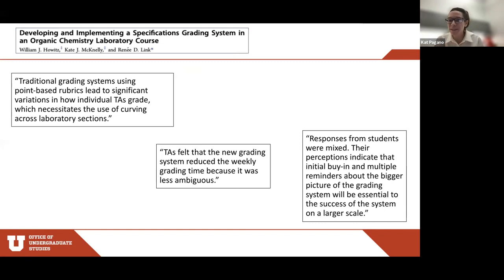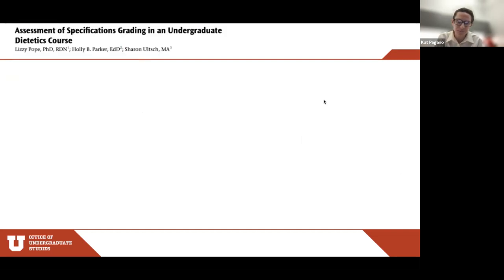This is a very foreign system to a lot of students and instructors. If you have students that have taken classes all the way up until they've met you and they've never encountered anything other than the traditional grading system, this can be really overbearing. So really being transparent with our students is important.